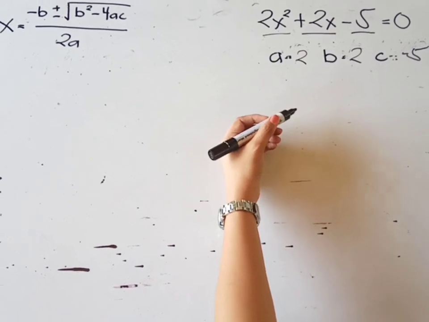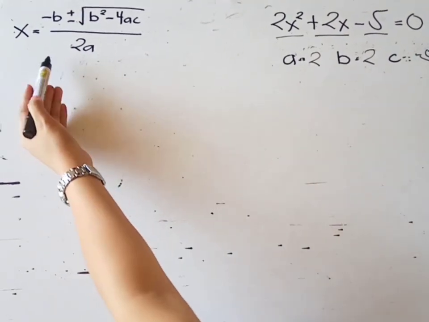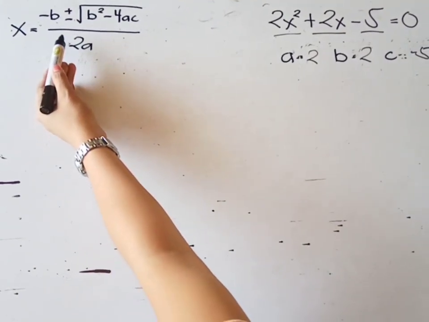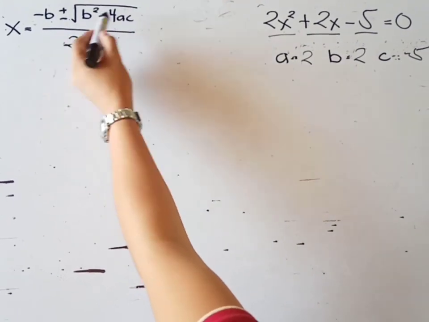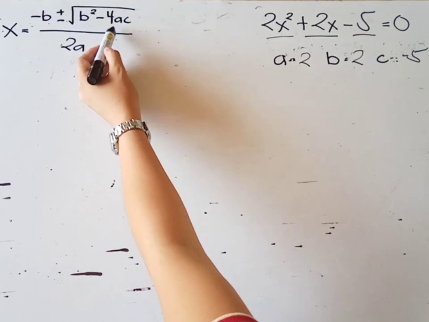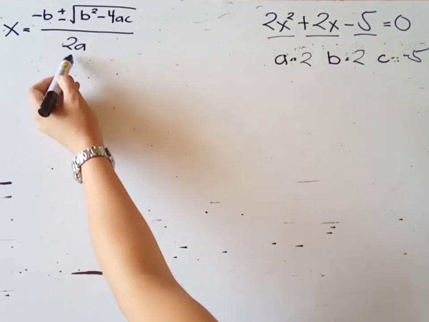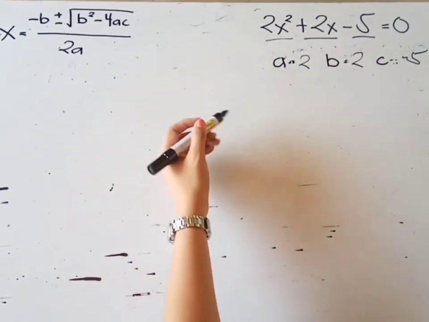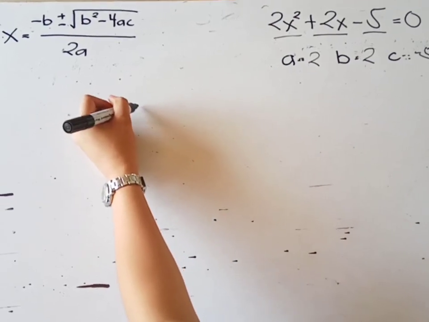So the formula we use is x equals negative b plus or minus the square root of b squared minus 4ac, all over 2a. So now we solve it.